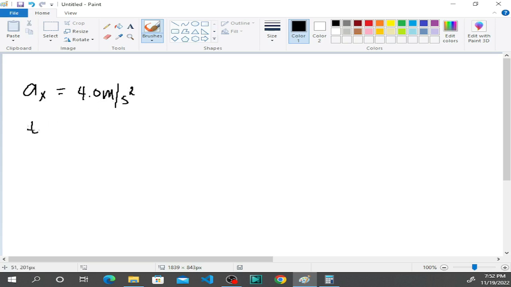We have t equals 0 seconds, then t equals 2.0 seconds. And then we have the initial velocity of the motorcycle, so that's going to be our v sub i, and that's going to be 15 meters per second.